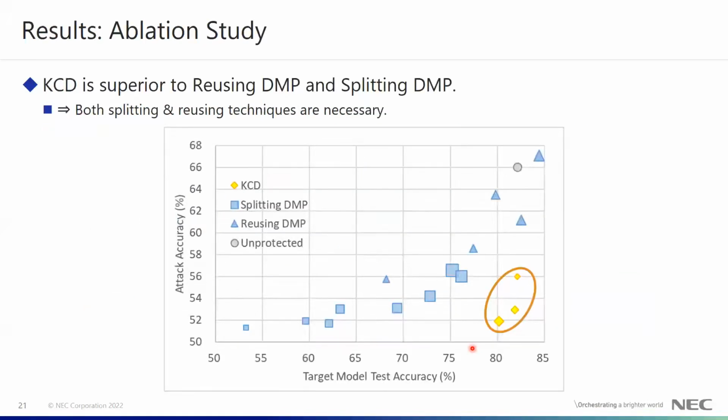We conduct experiments on various ratios. The figure shows KCD is superior to reusing and splitting DMP. So both splitting and reusing techniques are necessary for KCD.